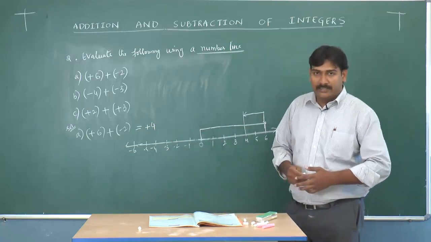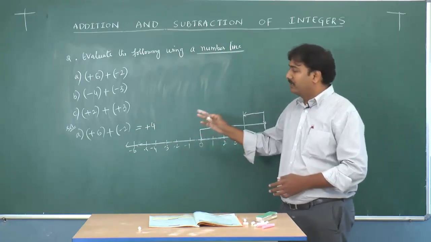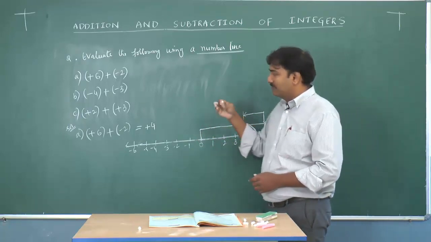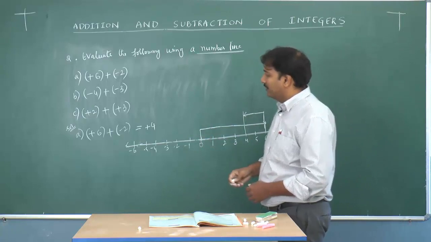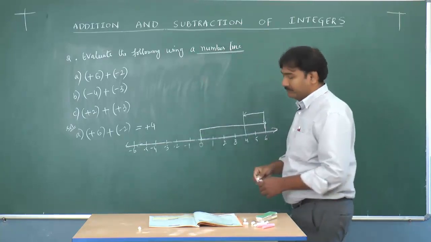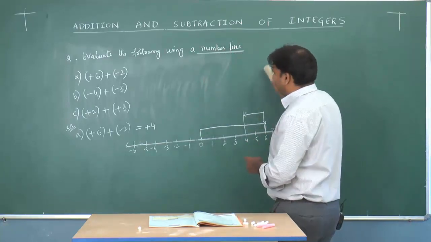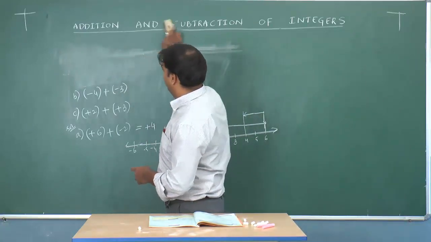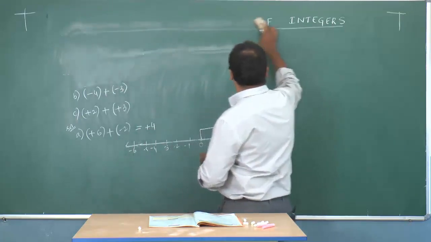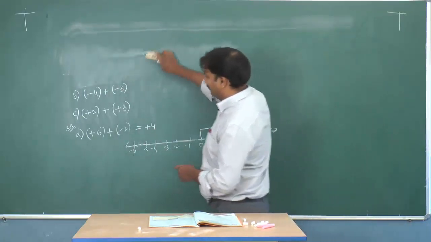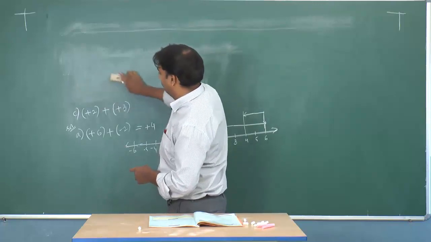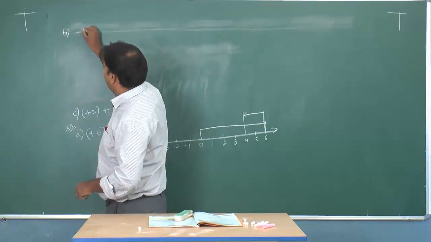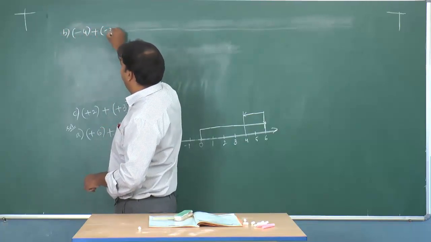So this is the example to evaluate the sum of two integers using the number line. And let's go for the second example. The second example is minus 4 plus minus 3.